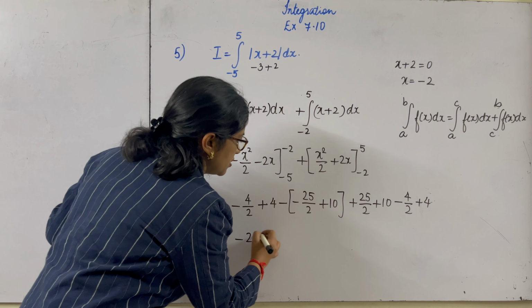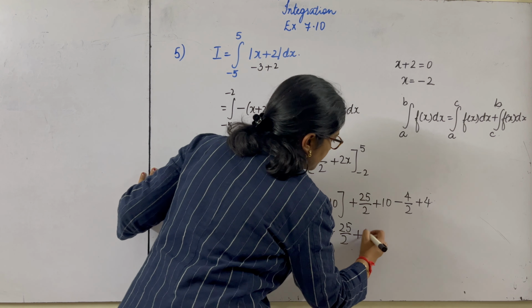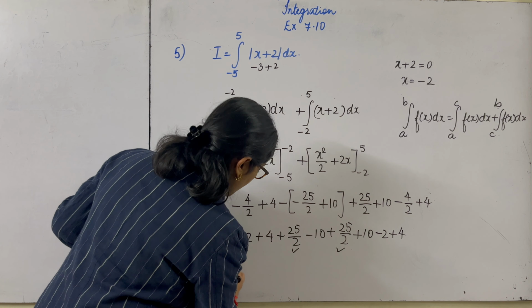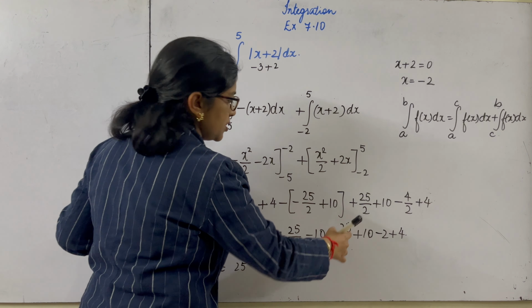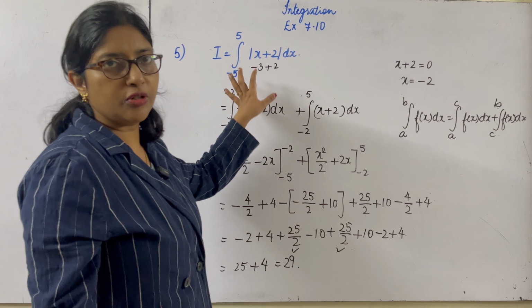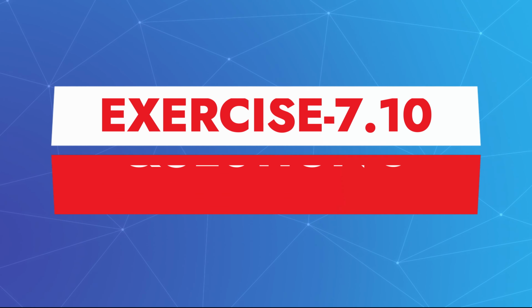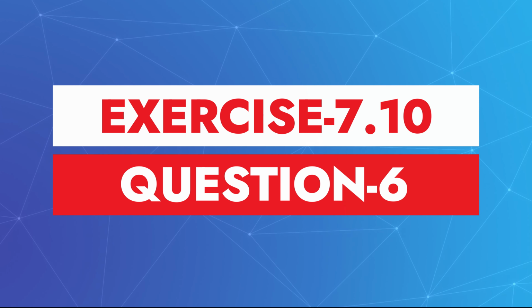Solve it to get your answer. I have combined 25 by 2 plus 25 by 2. So 29 is the value. So for modulus, bifurcate from the critical point.